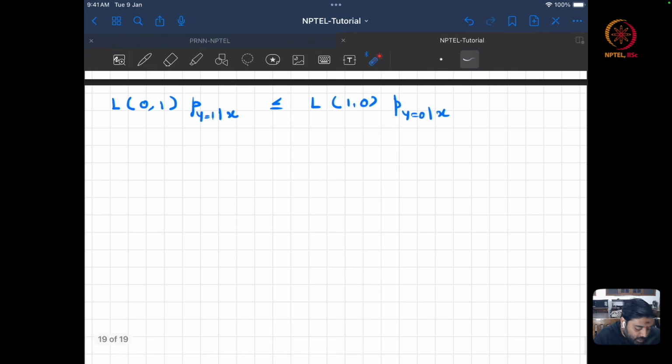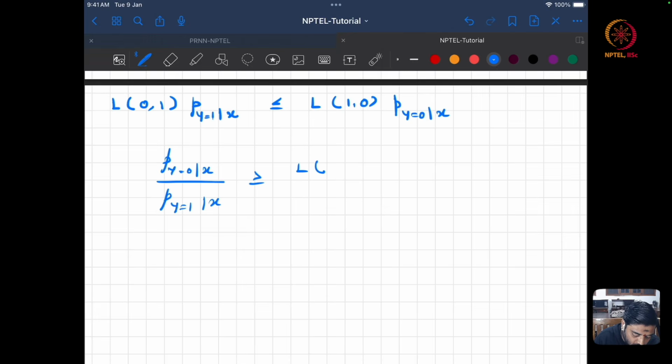Now this you can easily rewrite as a ratio of posteriors: the posterior y equals 0 given x divided by the posterior y is equal to 1 given x is greater than or equal to the loss incurred, loss 0 1 over loss 1 0.